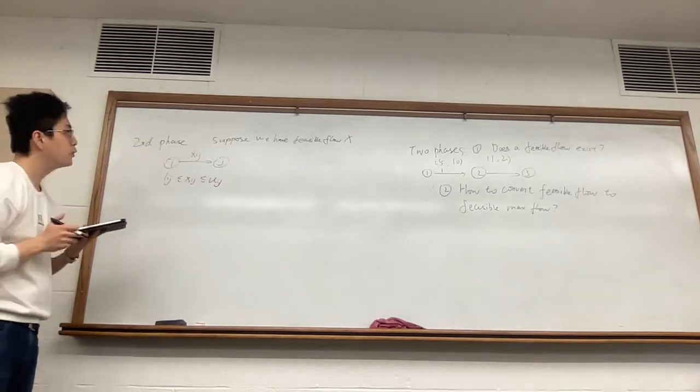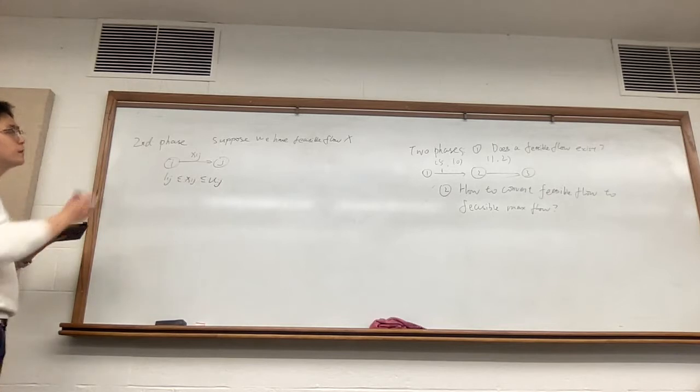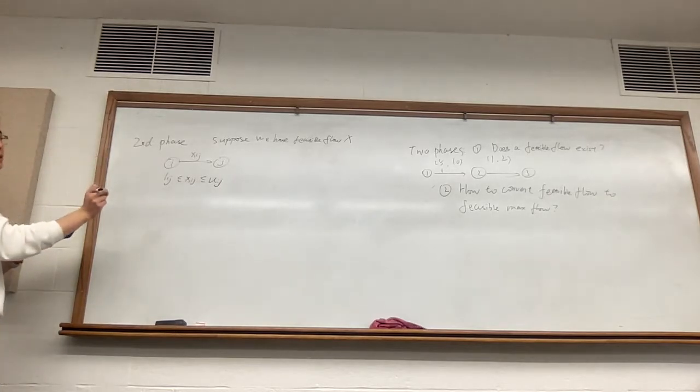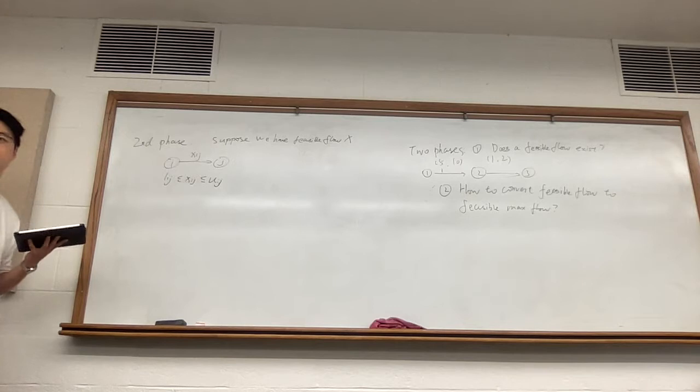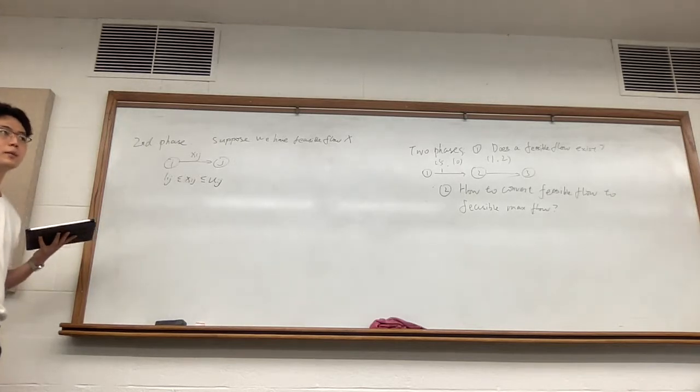Then I give you 1 minute to think about it. Suppose we have a feasible flow X. How can you transform it into a feasible max flow using the knowledge that you have learned about the max flow algorithm in class? Give you 1 minute to think about it. If you come up with an idea, just shout out.